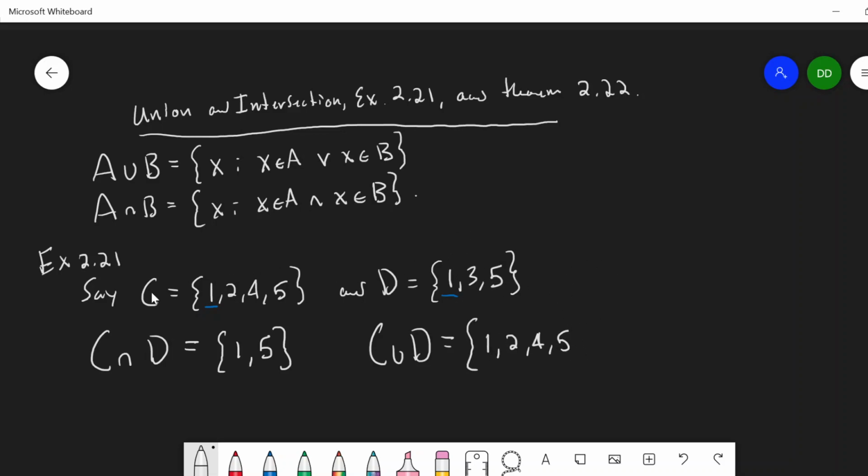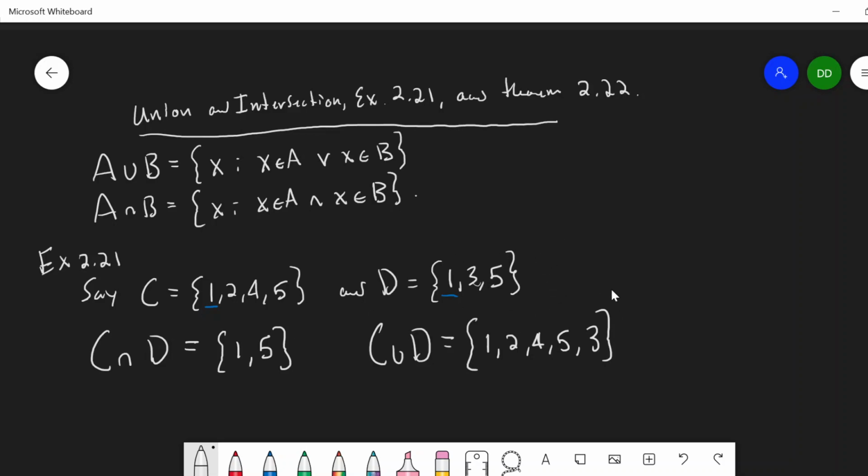That was already in C. And so I don't include those again. Remember, with a set, you don't include elements with multiplicity, is what we say. If 1 is in there, you wouldn't see 1 in there again. So what do we have to add? We also have to add 3 because that's in D. So C union D is the elements 1, 2, 3, 4, and 5.